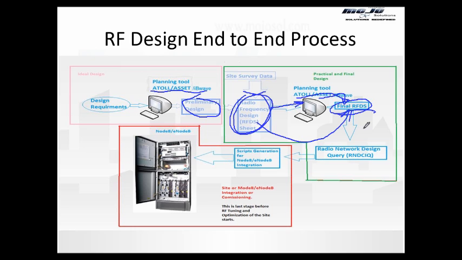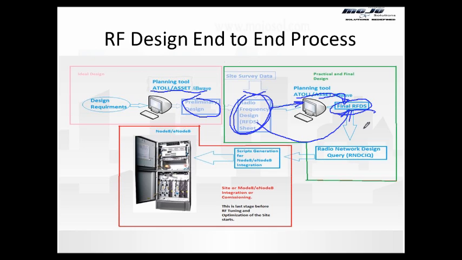But what does RFDS basically contain? It contains site information, azimuth, height, all those details. It contains what kind of node B we will be using, what antenna we will be using, what kind of remote electrical tilts we will be having. But it does not contain some of the information like what PCI we will be using, what frequency exactly we will be using. That is not usually part of RFDS.